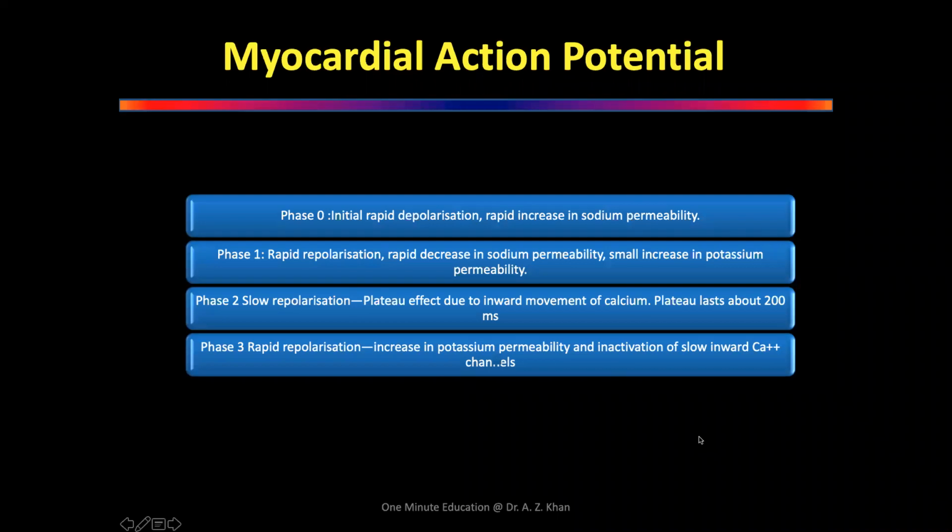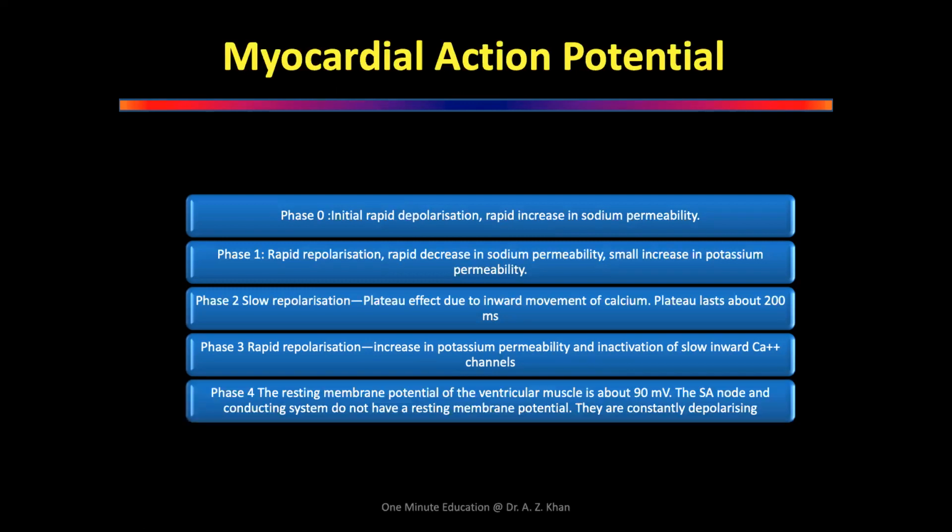Potassium is moving out of the cell, and the sodium channels are closing down. Is it making sense? So the negativity is coming back. You're dropping from a positive to a negative because things are moving from in the cell to out of the cell. And phase 4 is the resting membrane potential of the ventricular muscle, which is about 90 millivolts.